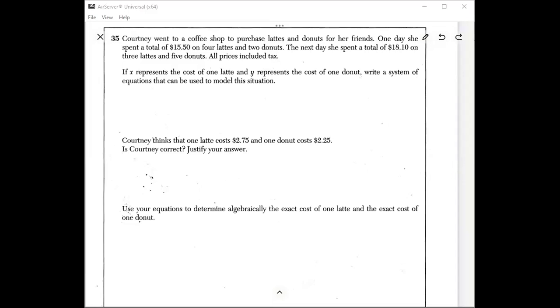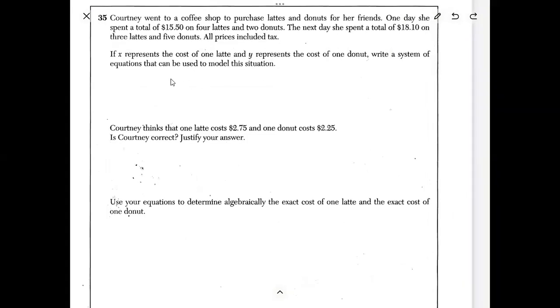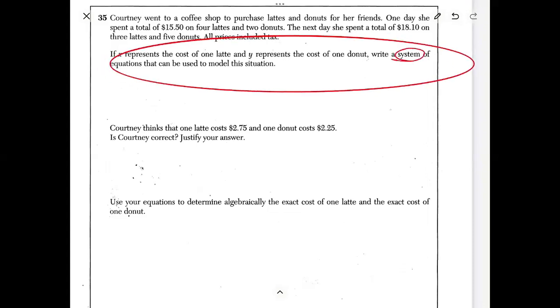Once you know that, there's usually two ways that they can go, and I'm going to briefly cover both ways. So let me jump into this. It says a system of equations, but this is almost always going to be a system of linear equations.